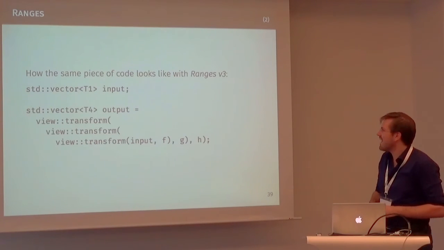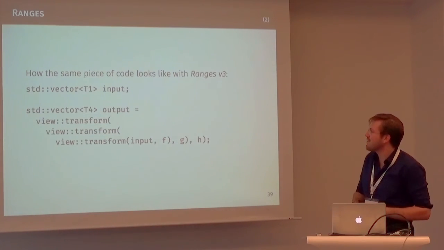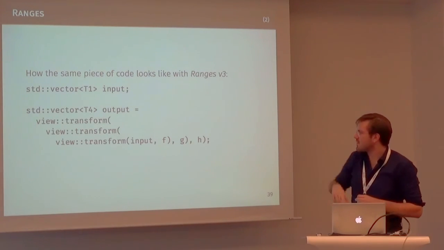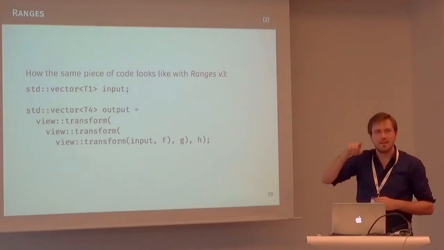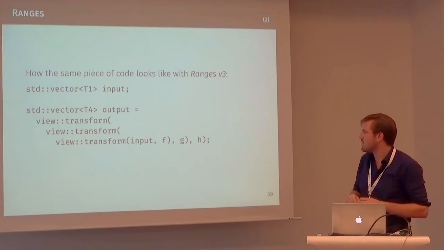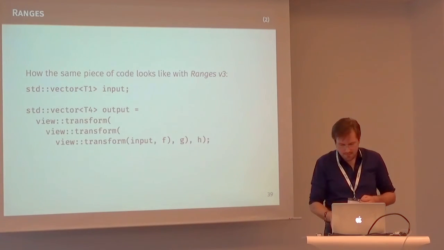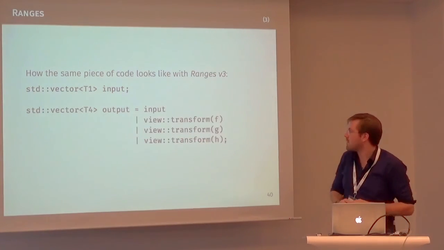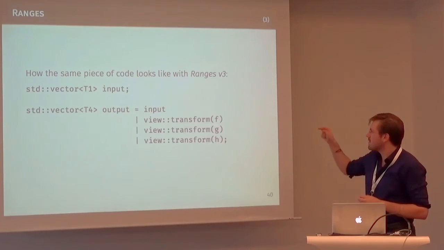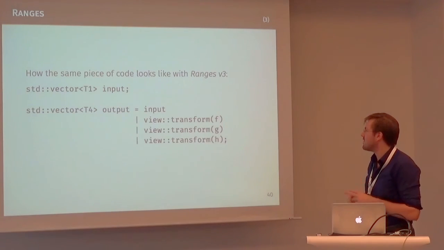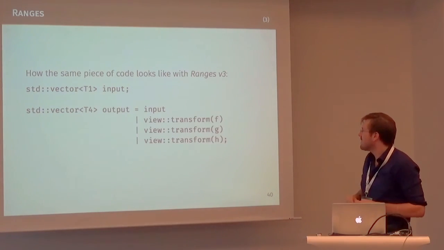So that's how it will look with ranges, okay? We can chain transformations because we are returning lazy views, the ranges views, okay? But actually, this is how it looks because we have the nice piping operator overloading, okay?